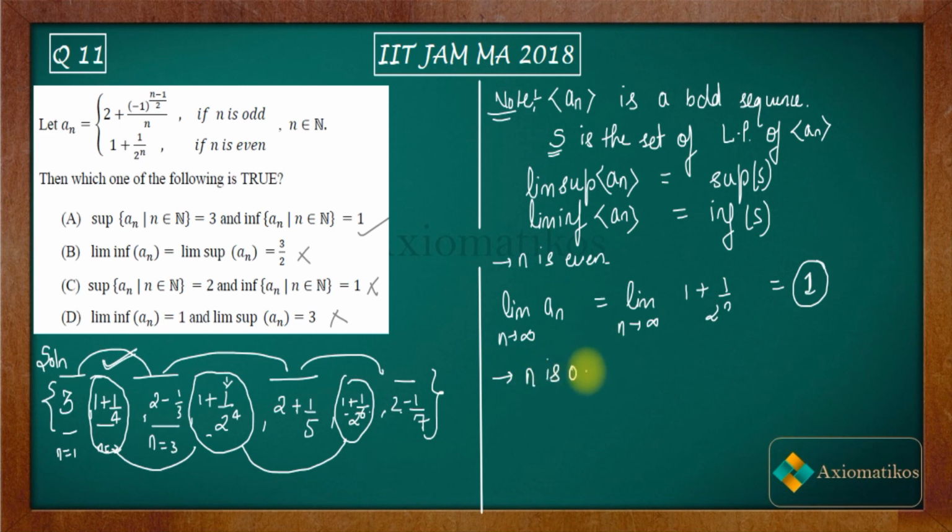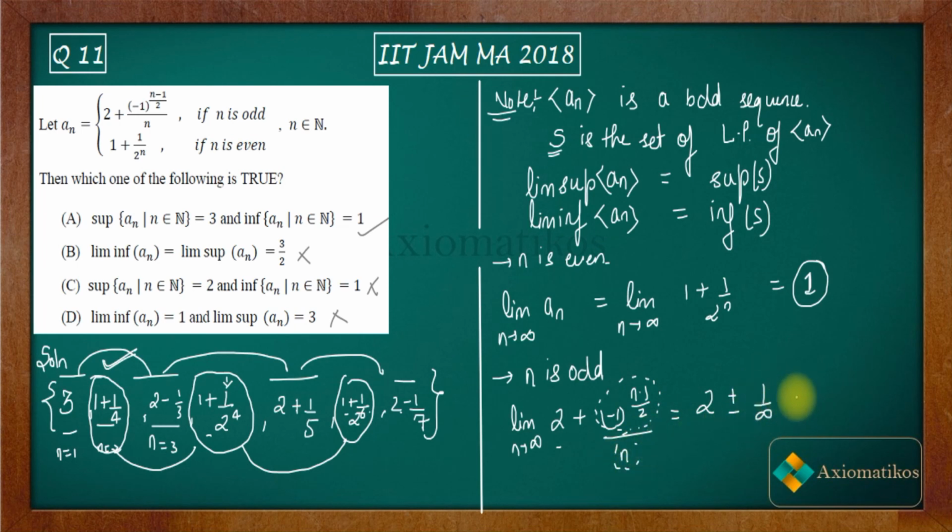When n is odd, what will you get? The limit as n goes to infinity of 2 plus (minus 1 to the power (n minus 1) by 2) by n. So you will get 2 plus minus 1 by infinity, because the numerator is only going to give you the value plus 1 or minus 1, but the denominator will give you infinity. So whatever it is, it's going to be 0, therefore it doesn't matter, so you are getting 2.